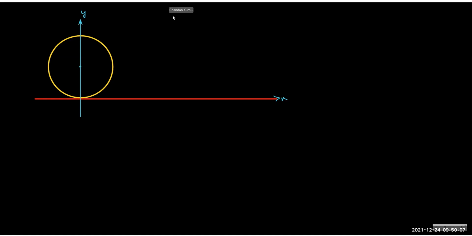These are the radii. You draw a thin line, and probably it should come somewhere here, something like this, and the bottom will be.